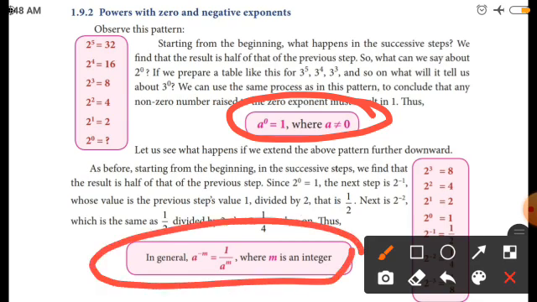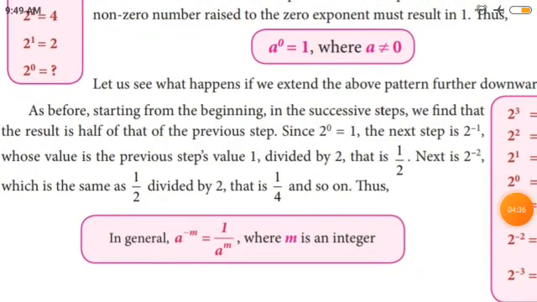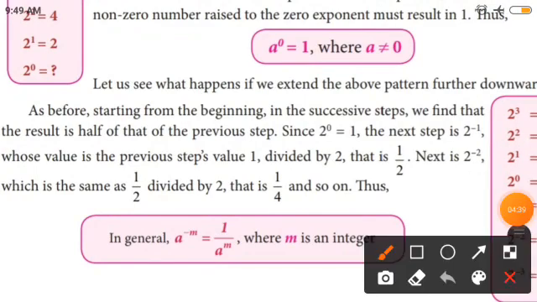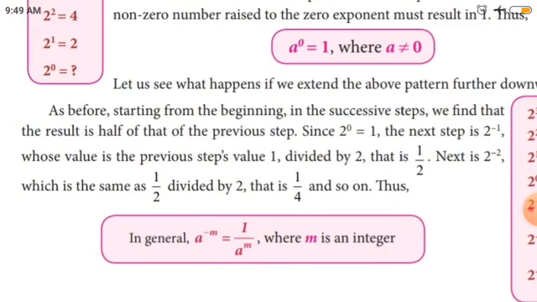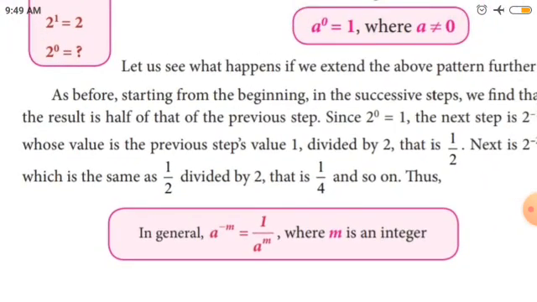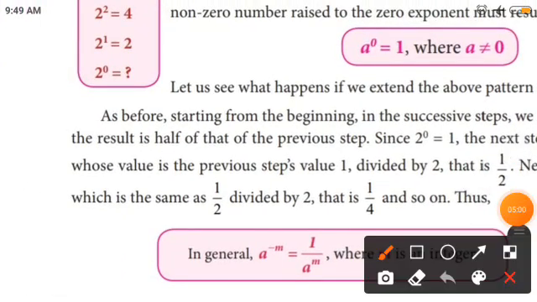Next topic. In general, a power minus m is equal to 1 by a power m, where m is an integer.